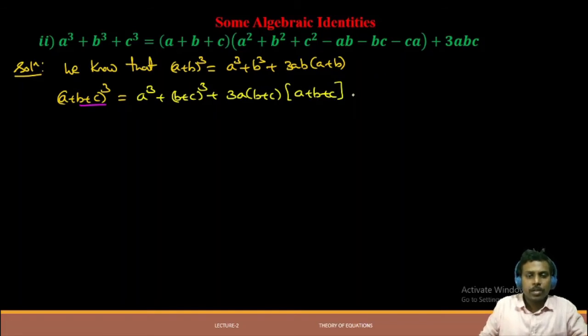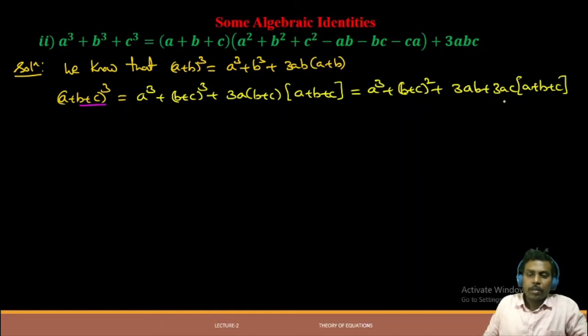Okay, so that is equal to a cube plus b plus c whole cube plus 3ab plus 3ac into a plus b plus c.